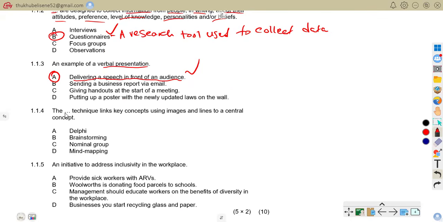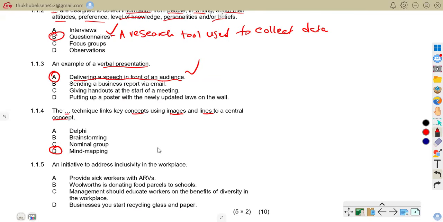1.1.4. The dash technique links key concepts using images and lines to a central concept. So we are given Delphi, brainstorm, nominal, and mind mapping. So we want to know which is the correct technique that we can use. And the correct technique is mind mapping.